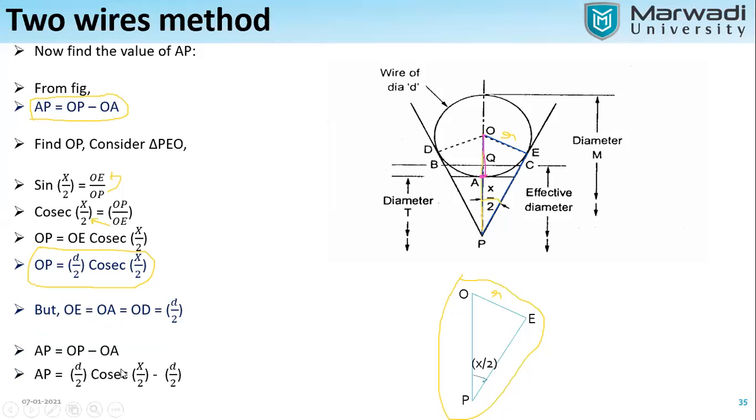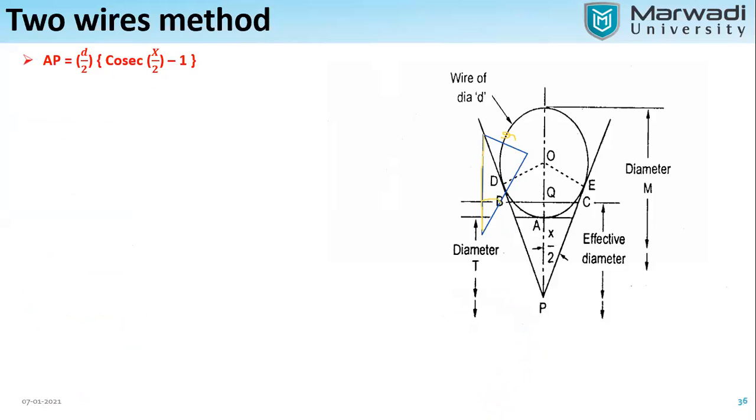It will be d by 2 cosec x by 2 minus OA, which is also the radius and can be written as d by 2. So d by 2 will be common. When we take d by 2 common, what will be the final answer for AP? It will be d by 2 in bracket cosec x by 2 minus 1. So here is the answer of AP, the final answer of AP.